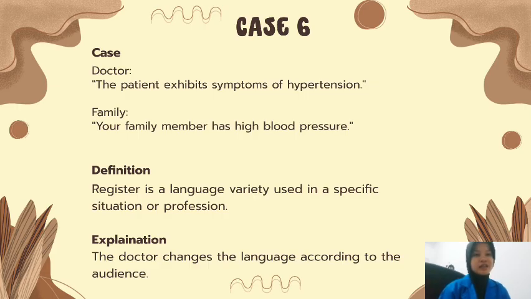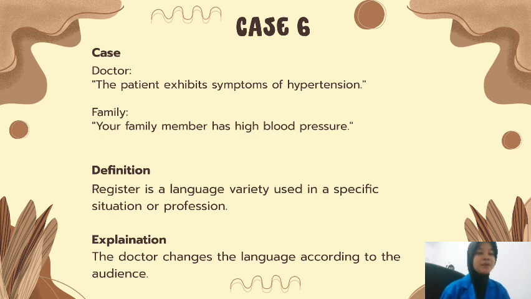A doctor says the patient exhibits symptoms of hypertension. However, when speaking to the patient's family, the doctor says, your family member has high blood pressure. Although both sentences have the same meaning, the language changes according to the audience.